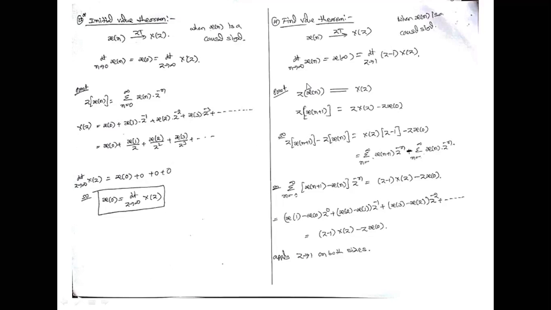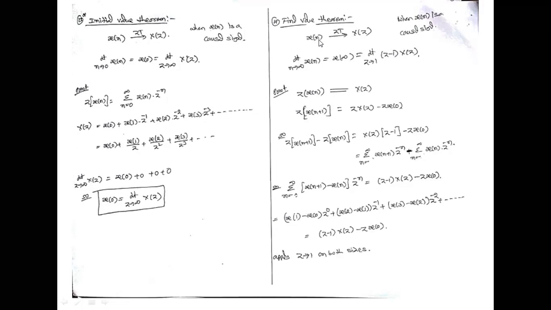It states that the limit n tends to infinity, previously n was 0 as the initial, and finally n tends to infinity, x(n), x(infinity), is the limit z tends to 1 of (z minus 1) X(z). Got it, my dear students?